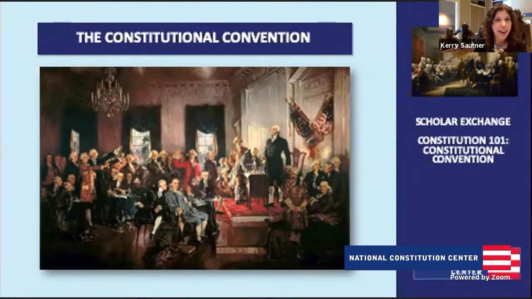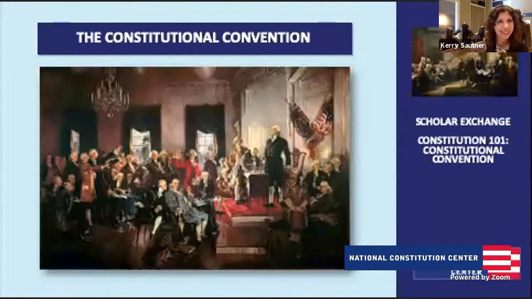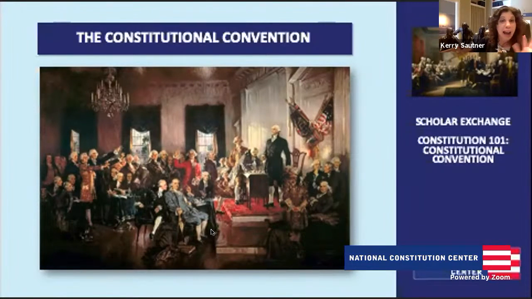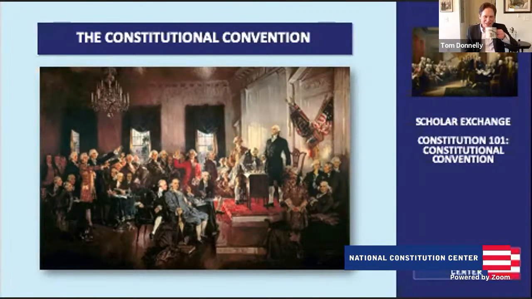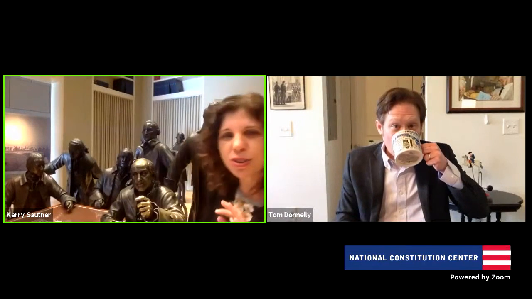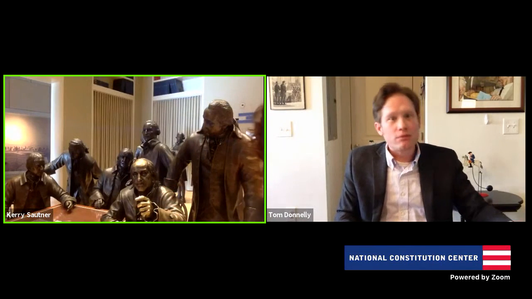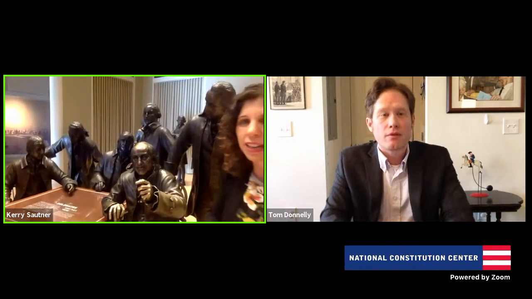If I could hoof it over there and walk you guys through, maybe that's next time we do this class. But if you look at the painting, you can see Washington at the front. You can see Ben Franklin here in what looks like a blue leisure suit, which I absolutely love. Ben Franklin, he's 81 years old. And just so you can see him, here he is right beside me with the Pennsylvania delegation.